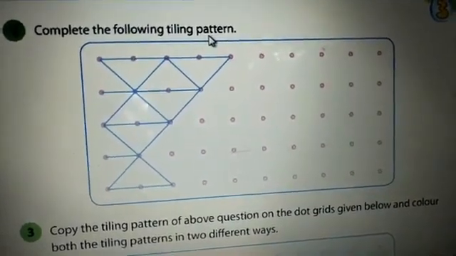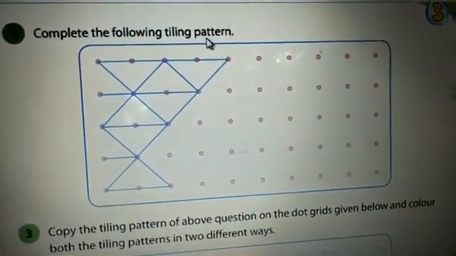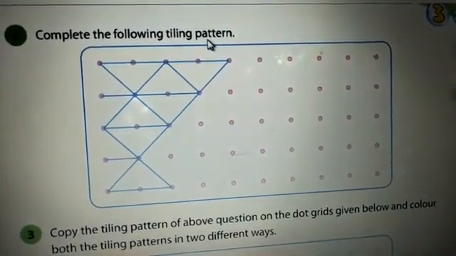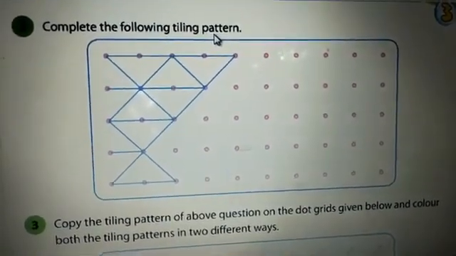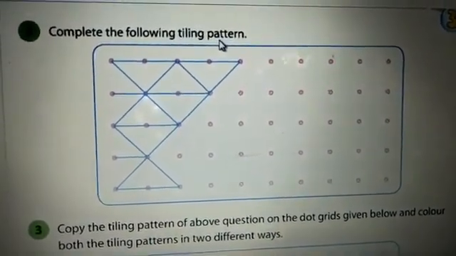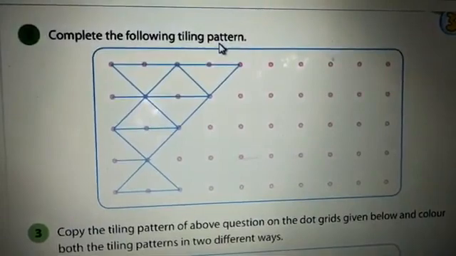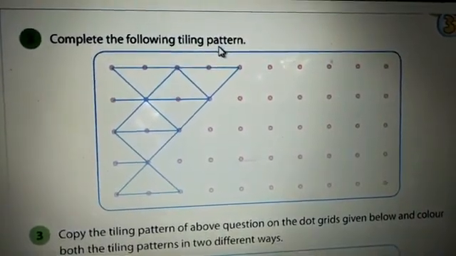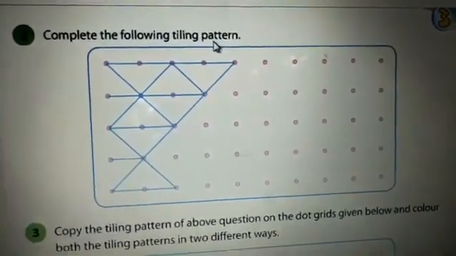As well as take your maths book, and there is some exercise like this. You try to complete that, children. Is it clear? Very good. I hope you complete it and take a snap and send to me for correction.